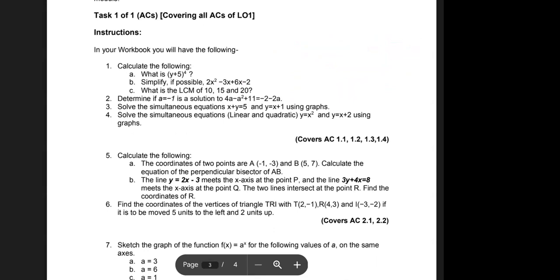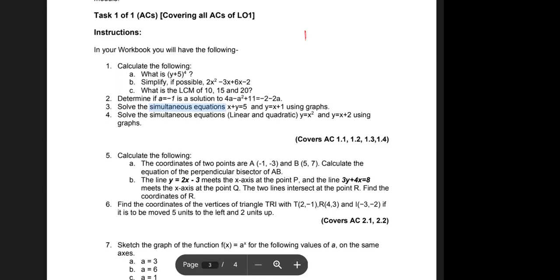So this one, when you say LCM, lowest common multiple, for 10, 15, and 20.